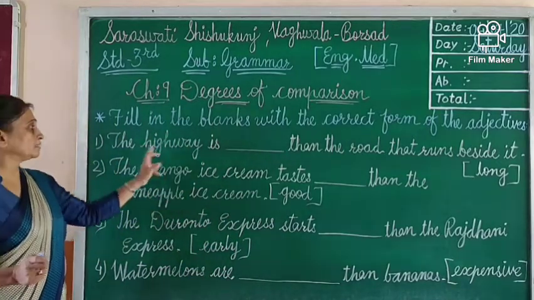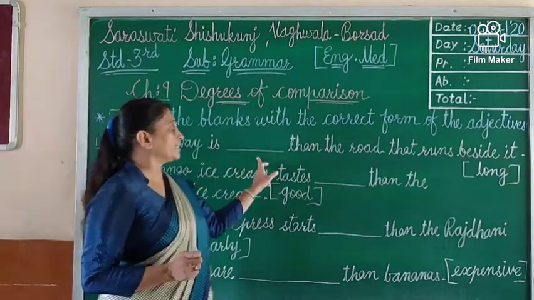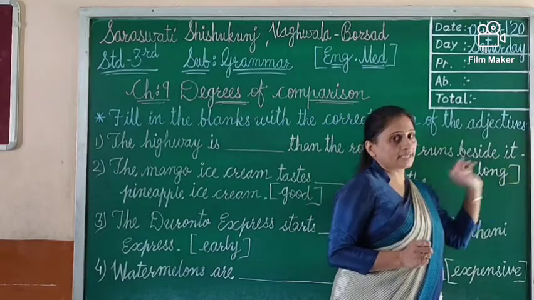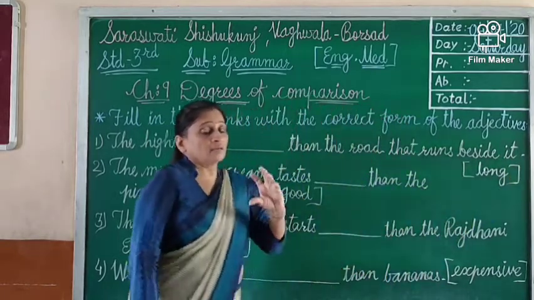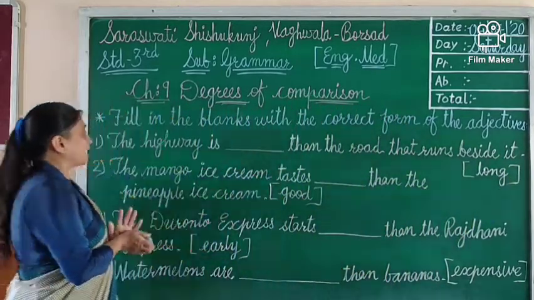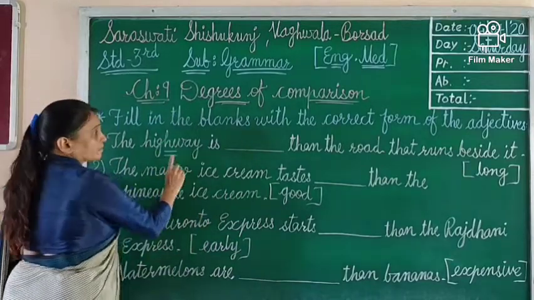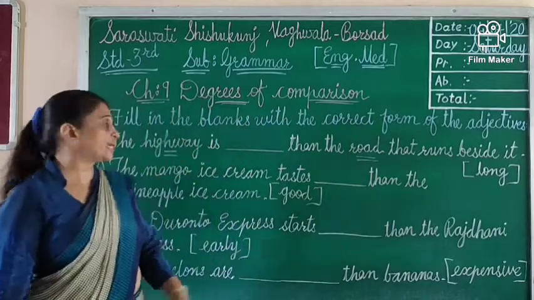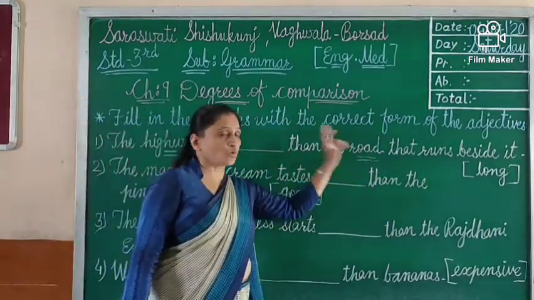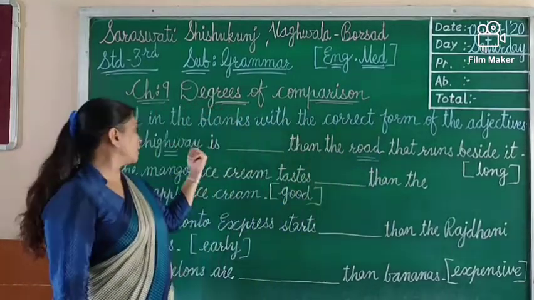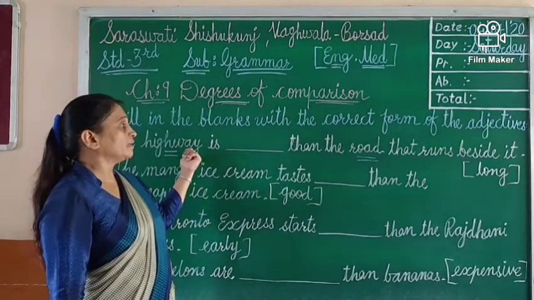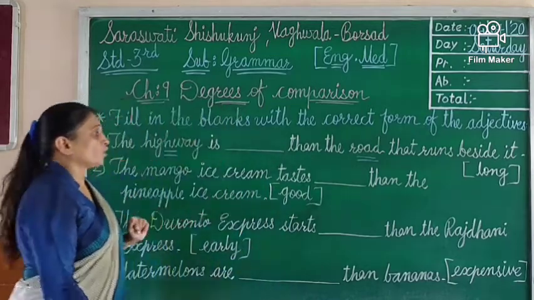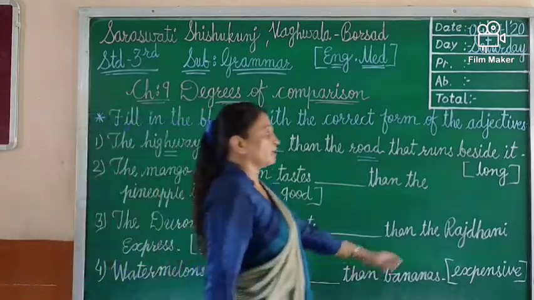The first one: the highway is dash than the road that runs beside it. Now here, which words are we comparing? Highway and road. Two things, right? So what will we change here?